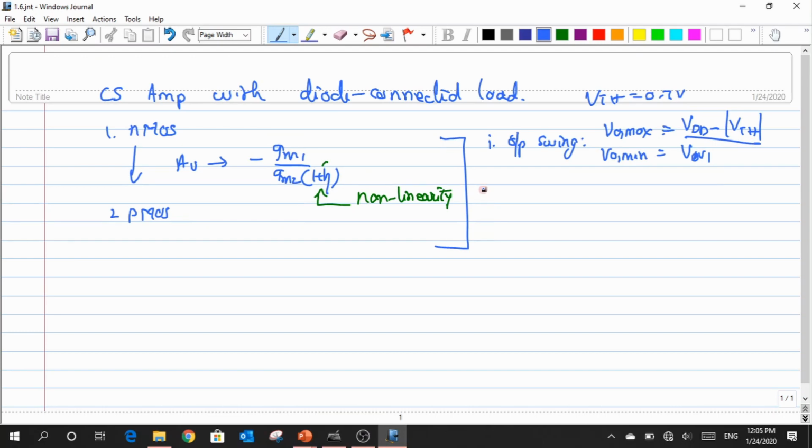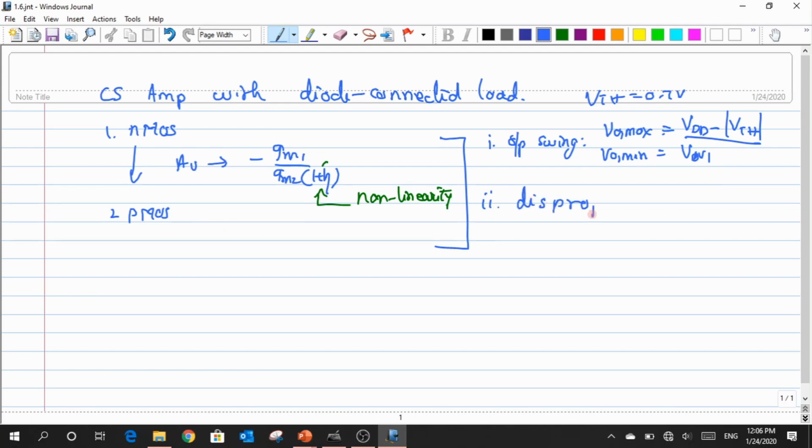And apart from this, we also found one more thing. What was the second issue that I can state here? So the gain expression was written, right? So we used something like W by L factors. When I used a W by L factor, the gain was constant, but the whole problem is with respect to the disproportionality, right?